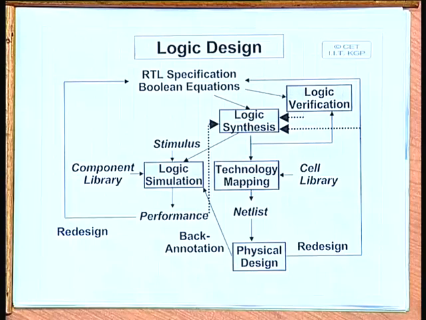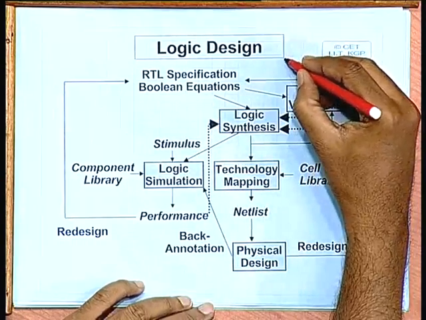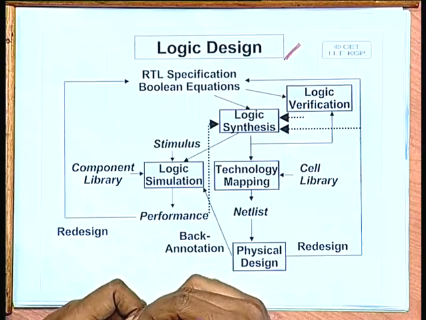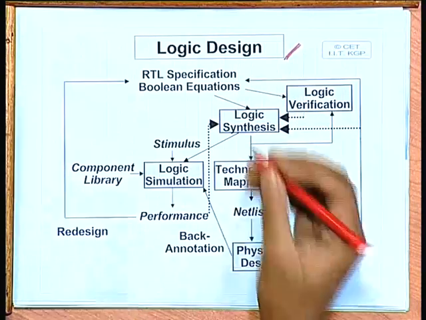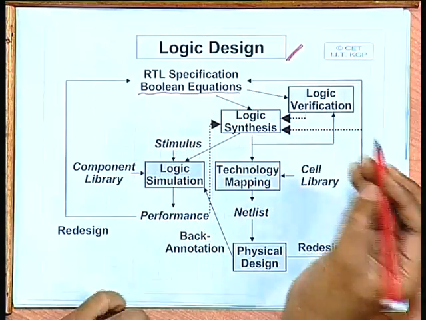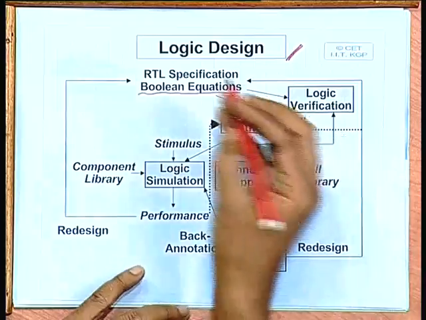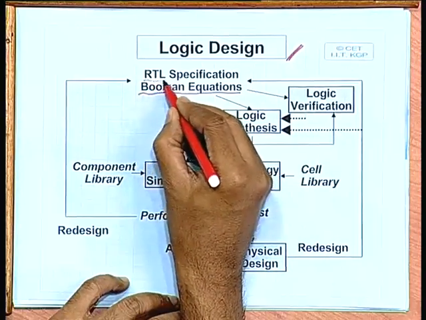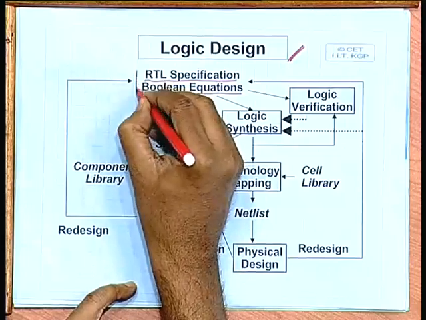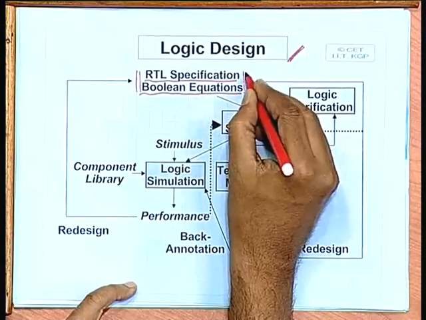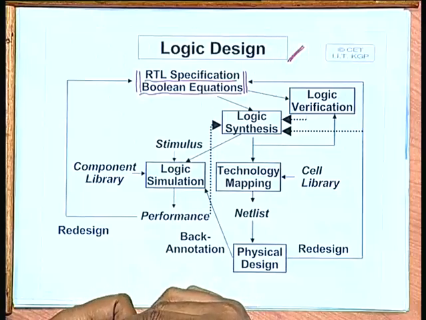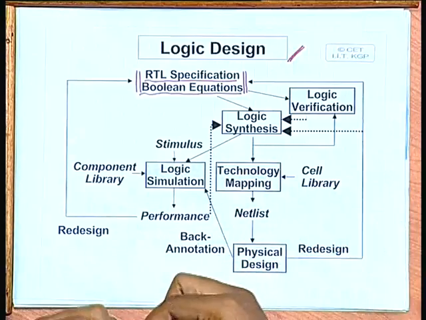So, we start with the level of logic design, where the specification is given either in terms of a set of Boolean expressions, it can be FSMs also, or it can be slightly higher, it can be register transfer level specifications also. So, somehow we are specifying the behavior of the circuit, and from there we are trying to go through the different steps of synthesis.